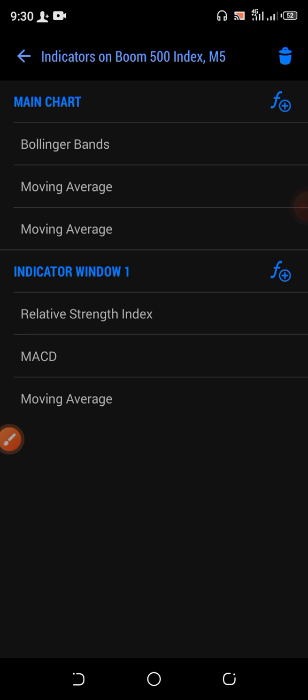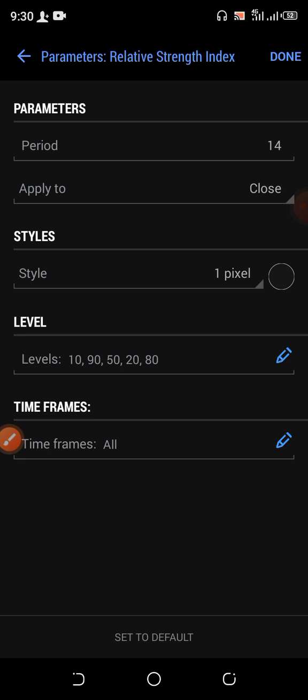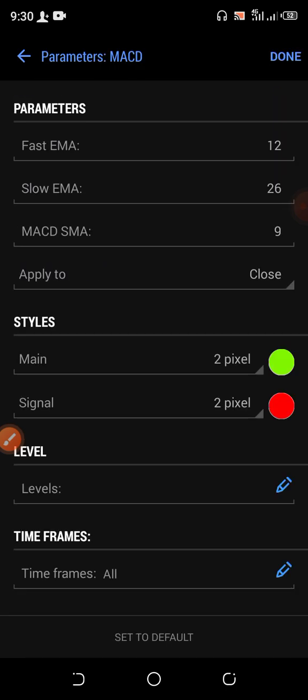Then you watch how I added the relative strength index on window 1. Then this is it. The default settings, just change the background color to the background of your chart. Then I add the MACD, with the default settings. That is what I use. Then you could use the color of your choice based on what you want to achieve.